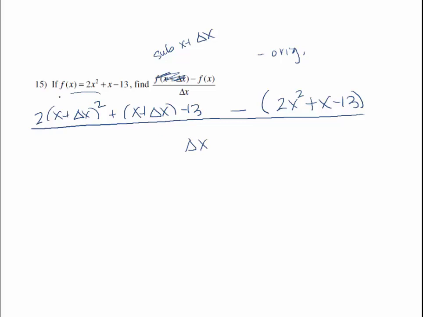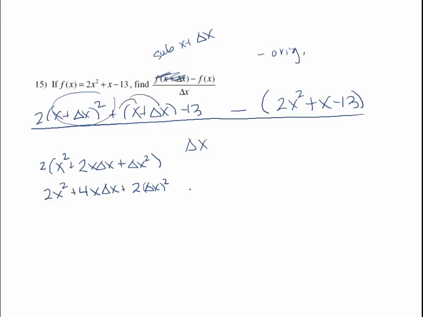Now let's simplify. We've got to do order of operations. And then there's a 2 out front. Okay, now we're going to add these. We're going to bring down the minus 13.